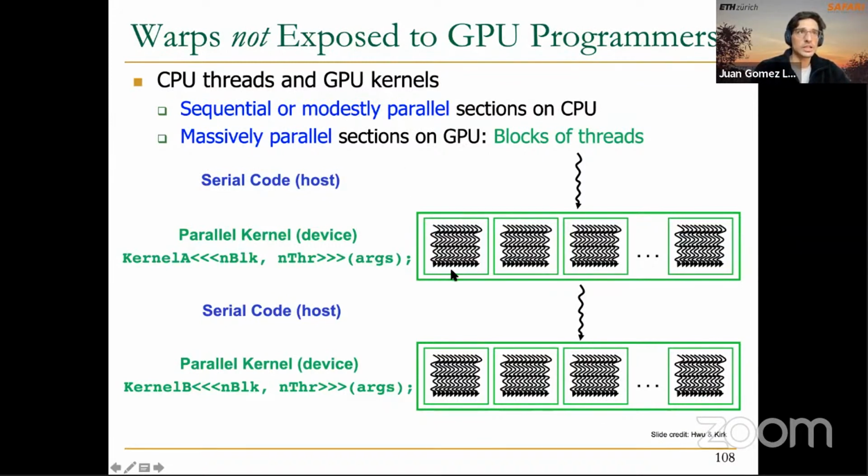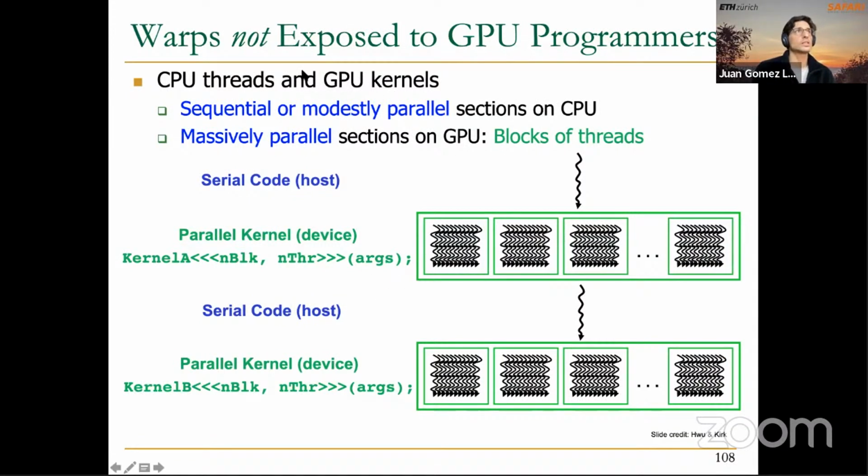And notice as well that these threads are grouped in some way. You might be thinking about warps because we have already talked about warps, but this is kind of an intermediate layer. It's a software layer, and we call this the thread block. And as you will see, this thread block may have a variable number of threads that the programmer defines, and later the hardware will decompose this thread block into as many warps as needed.